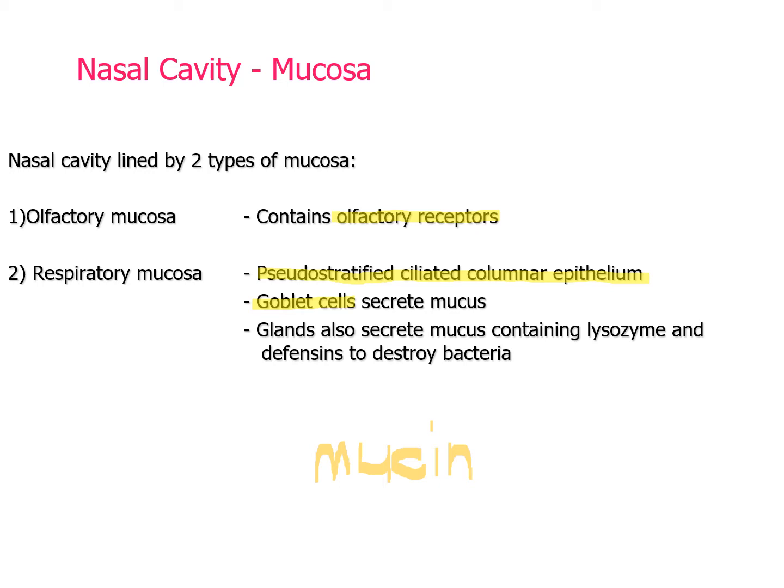The mucus contains antibacterial proteins, including lysozyme and defensins. In this way, any bacteria that enters is, for the most part, quickly destroyed by these molecules, which have the ability to attach and lyse bacteria.